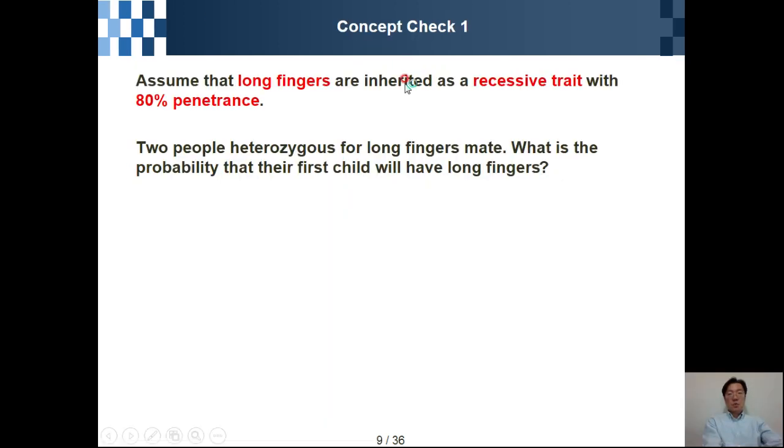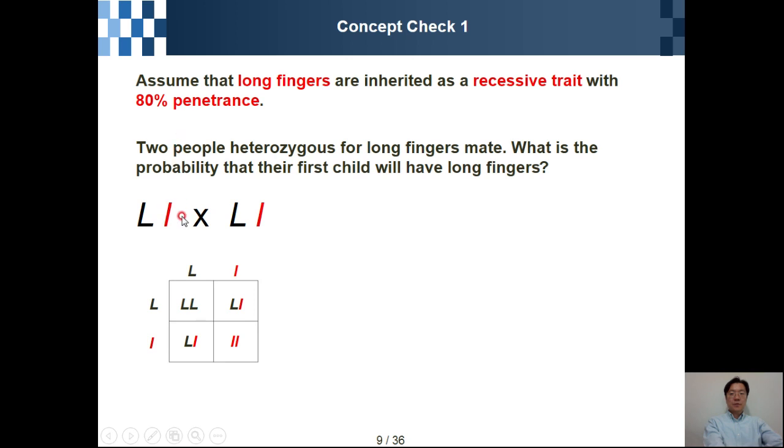In this slide we will solve concept check 1. The question: assume that long fingers are inherited as a recessive trait with 8% penetrance. Two people heterozygous for long fingers mate. What is the probability that their first child will have long fingers?